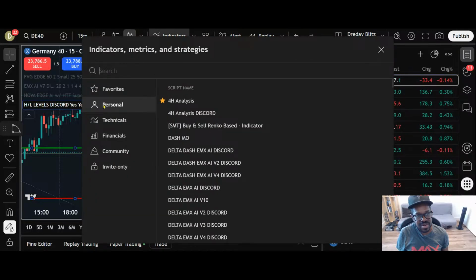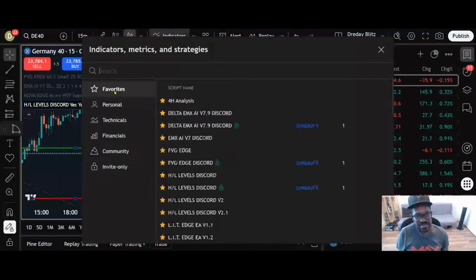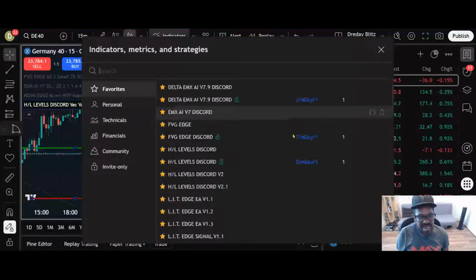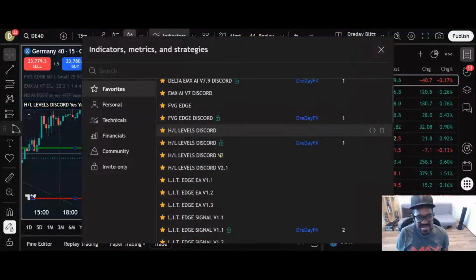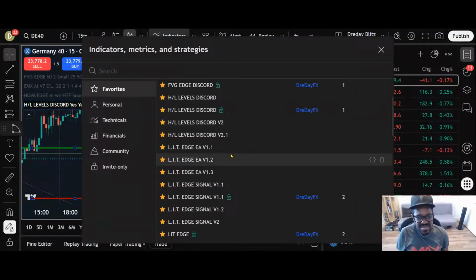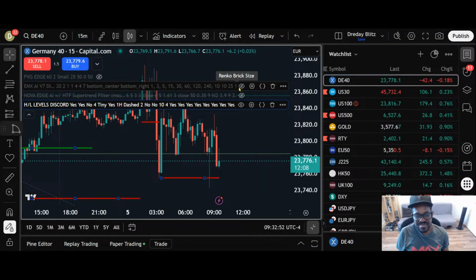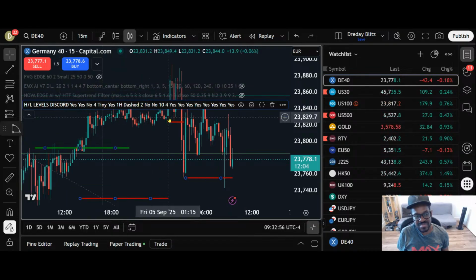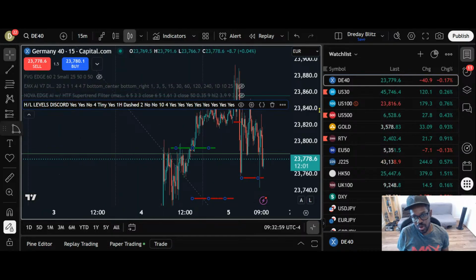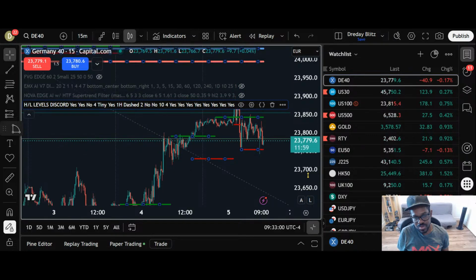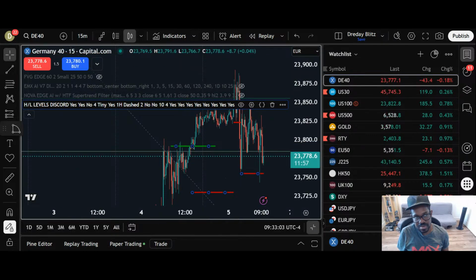Just going to see if I have the high low level. Because I also put the current time frame levels too, so that's why you have other lines on my screen.